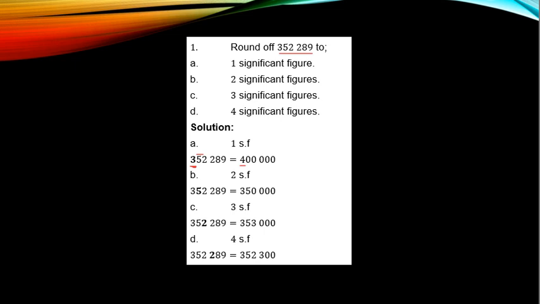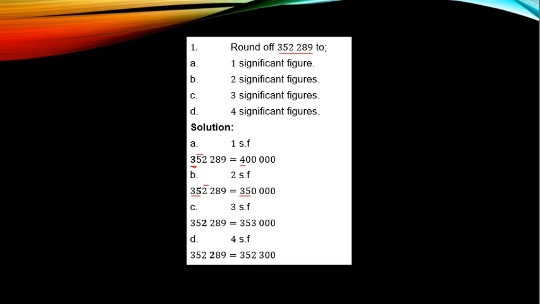2SF. In 2SF, we are considering 35. The next number 2 falls in the category of rounding down to 0. So if you add 0 to 35, it remains as 35. Every other digit from 5 becomes 0.